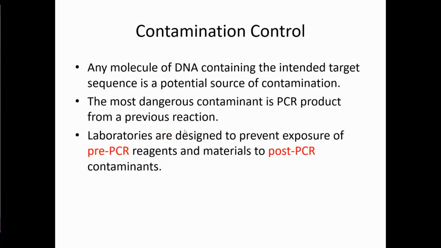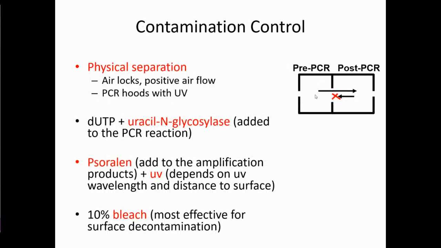And the contamination control. So normally you design a pre-PCR area and a post-PCR area, that's a physical separation, right? Physical separation. Or you can add deoxy-UTP and uracil N-glycosylase to the PCR reaction, okay?